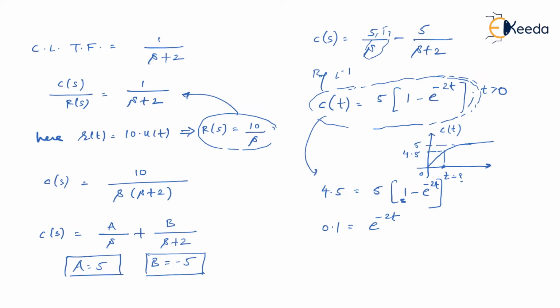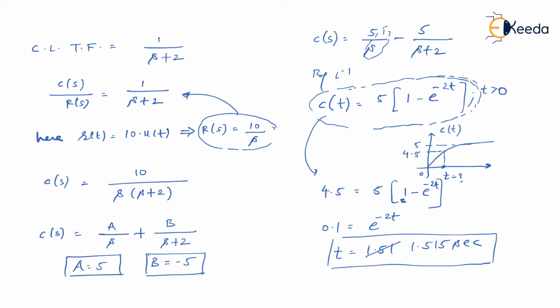Again, by using the similar concept that we have done in the last problem, by taking natural log on both sides, you'll get t value equal to 1.51. So I need to correct this. It is not 1.51. It is in fact 1.515 seconds. So this is nothing but the final value of t.